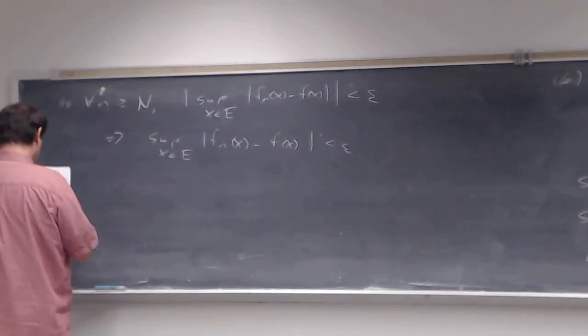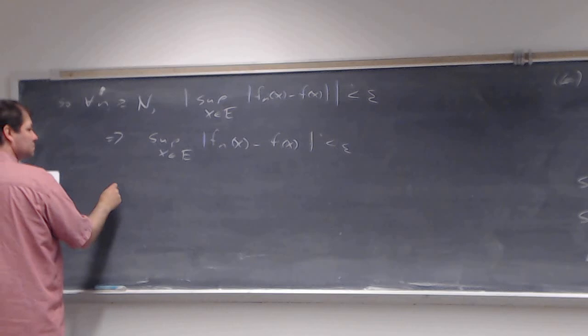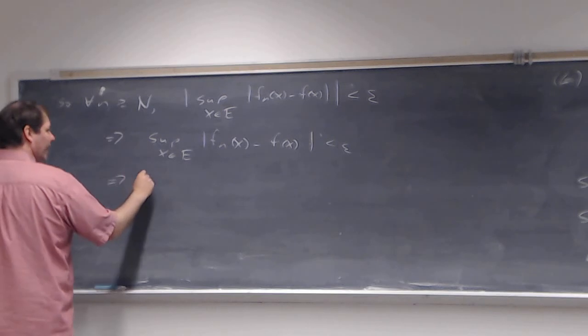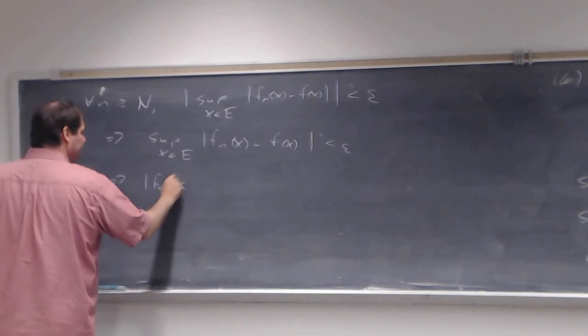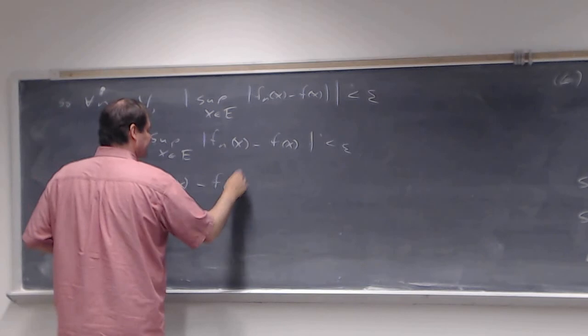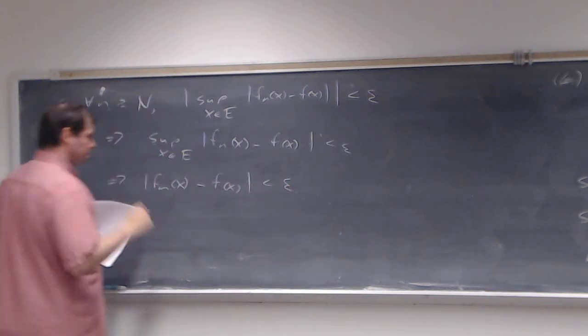And that implies that the norm of f sub n of x minus f of x will be less than epsilon.